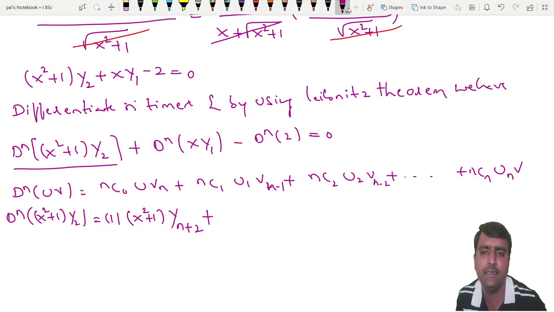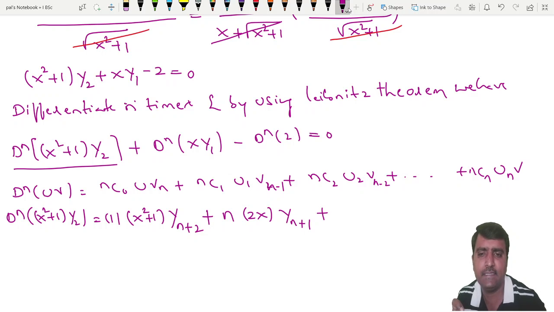Plus in next step nC1, that value is n, u1 is the differentiation of x square plus 1, which is 2x, and V_(n-1) means reduce one number from n plus 2, so that is y_(n+1).